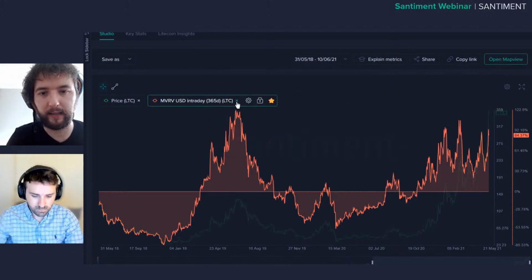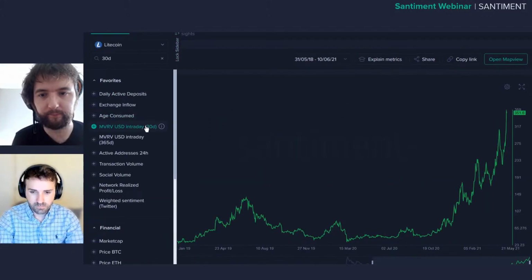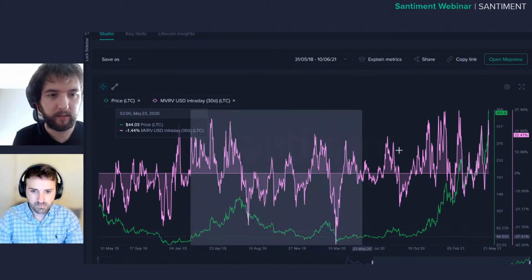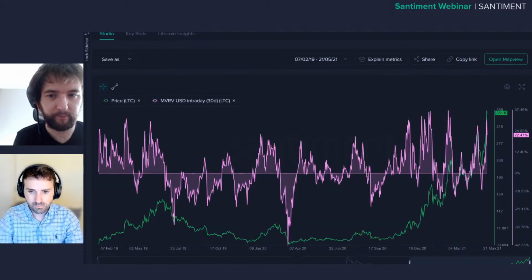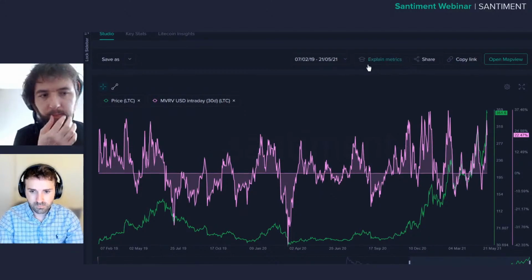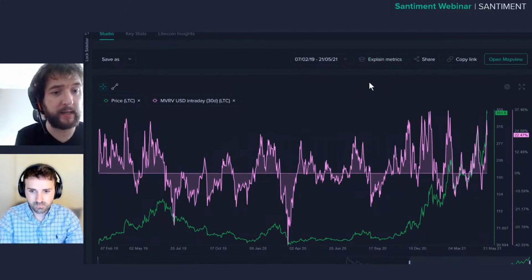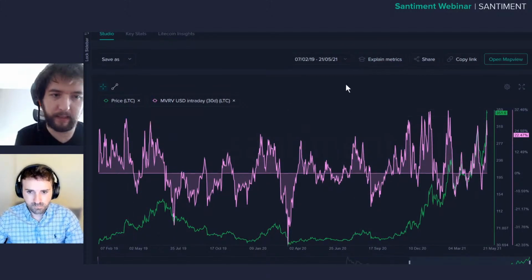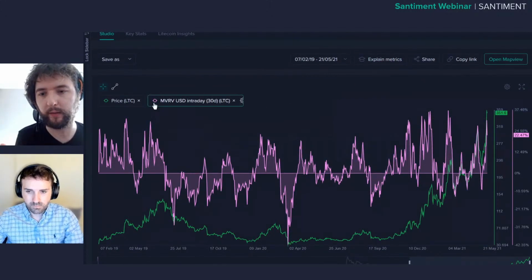And then if we look at its 30-day MVRV, and we can zoom in a bit. Yeah, I think this is good. So this is the 30-day MVRV for Litecoin. Pretty much the same story that we've seen with Ethereum, right?